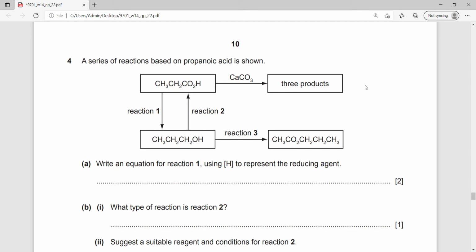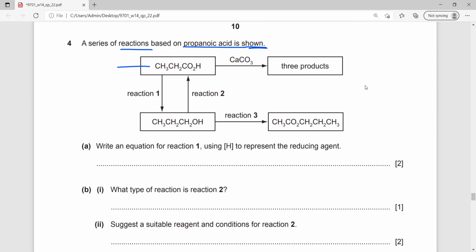Next question, a series of reactions based on propanoic acid is shown. Write an equation for reaction 1 using [H] to represent the reducing agent. We know that reaction 1 is a reduction reaction.